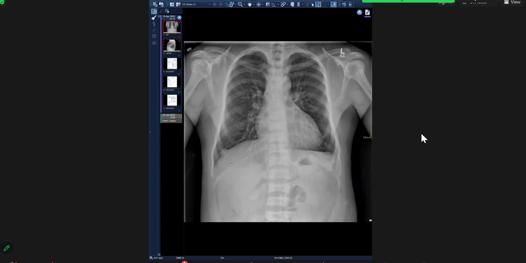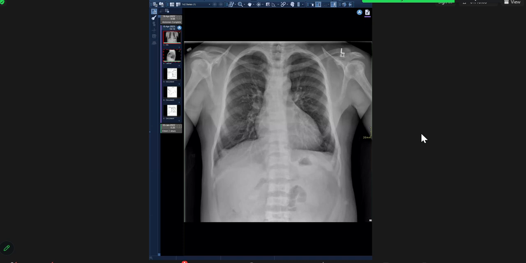All right. This is a chest X-ray frontal projection of a skeletally mature patient. The bilateral lung volumes are preserved, and there is no patch of consolidation.